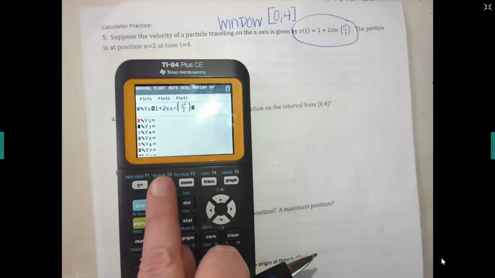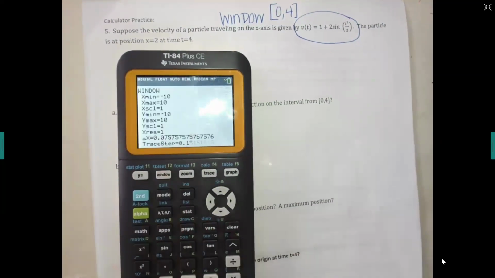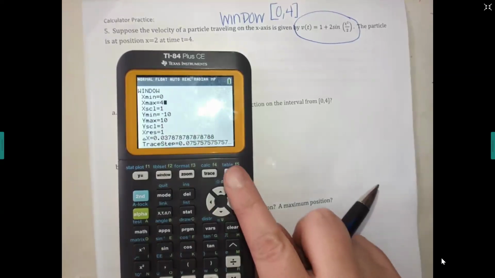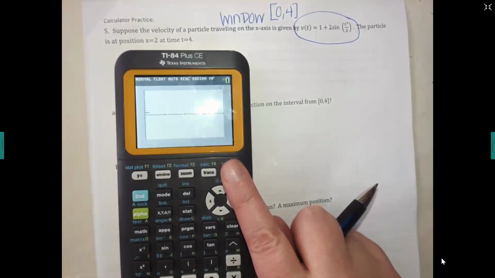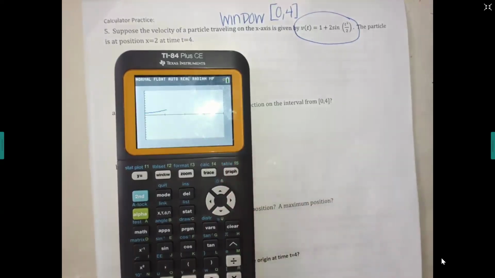So watch me do it, then you do it. Hit window. You want your min for the x to be 0. You want the max for the x to be 4. Don't change anything else. So I adjusted my min to be 0, my max to be 4, so that when I hit graph, I'm only looking at the 0 to 4 section.